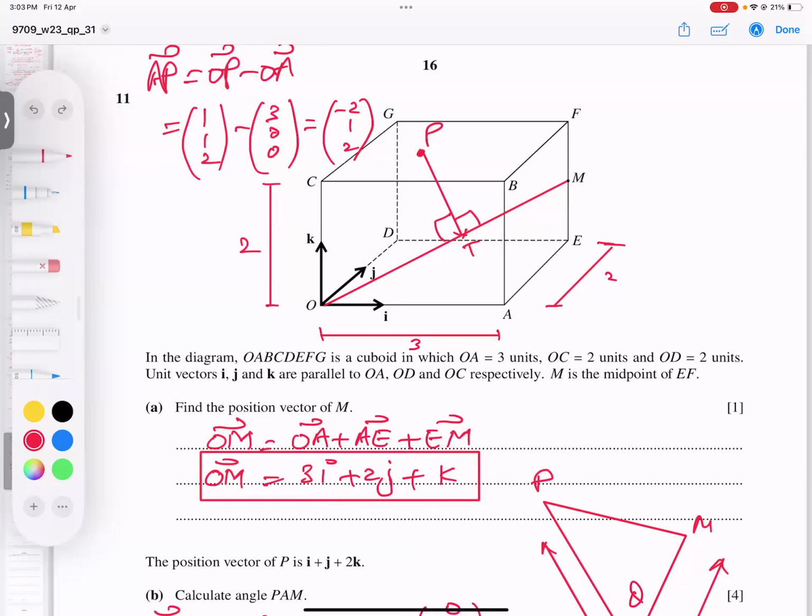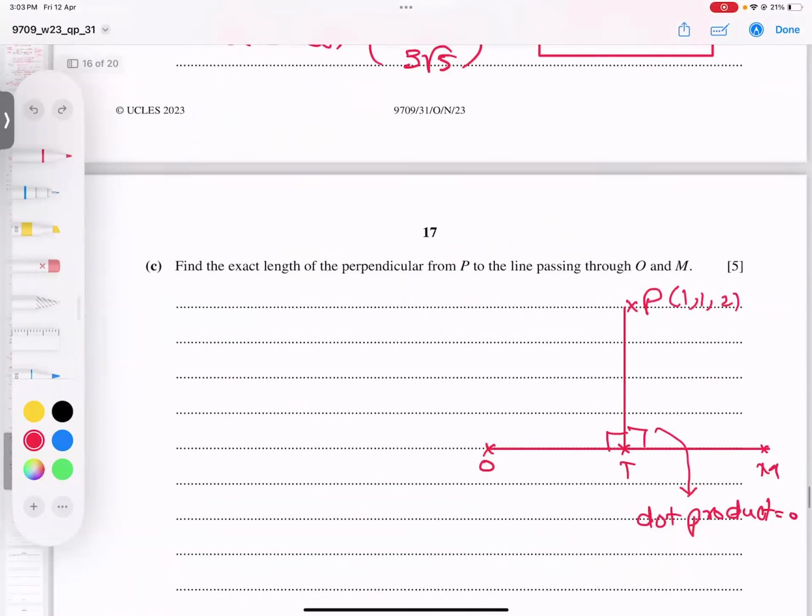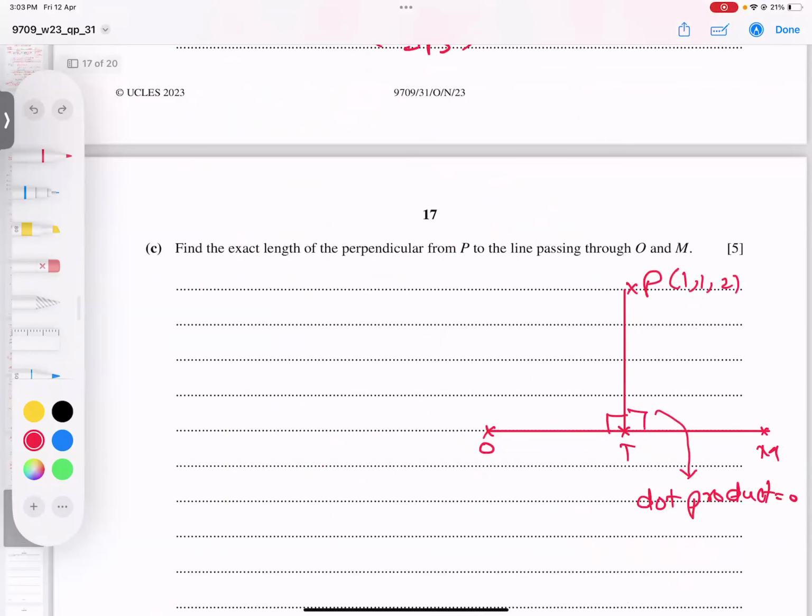How can we convert to an equation of line? So let's have a look now. What is the method of equation of line? So let me write the equation, or better, write the vector equation. So the vector equation of line OM is what? I have two choices.